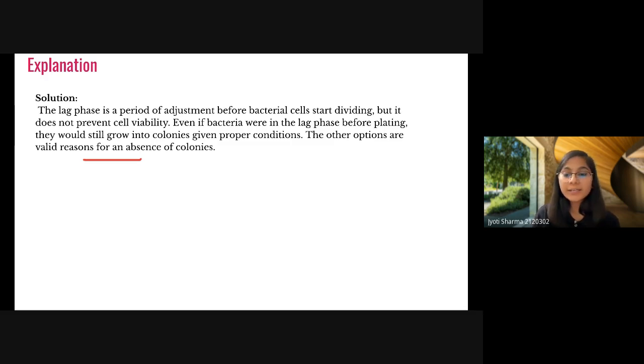So it doesn't mean that bacterial cells will not be visible, right? They will just not multiply, but whatever initial bacterial cells we had, these cells must be observed. If they are not observed, then the reason is different, but it is not the reason that they are in the lag phase.